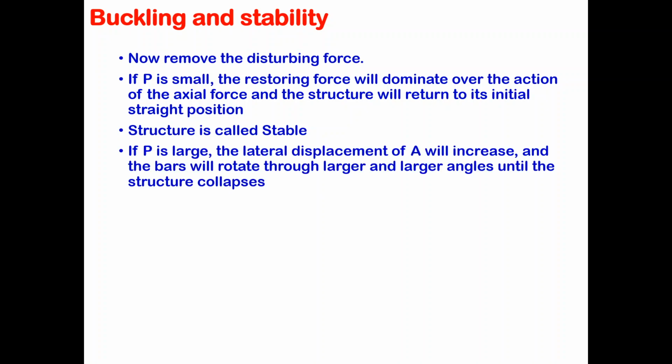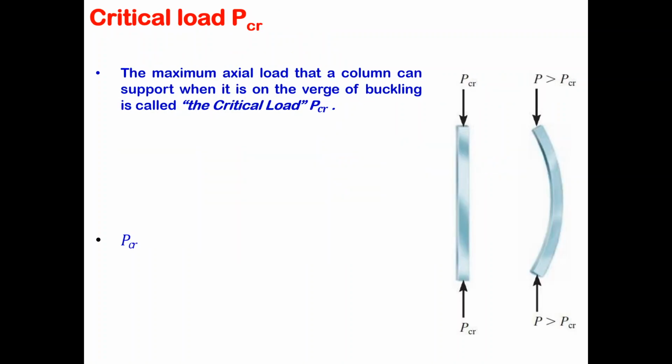Okay, if P is large, if your compressive load is large, the lateral displacement of A will increase, and the bars will rotate through larger and larger angles until the structure collapses. Okay, then we call this structure unstable, and the structure will fail by lateral buckling.